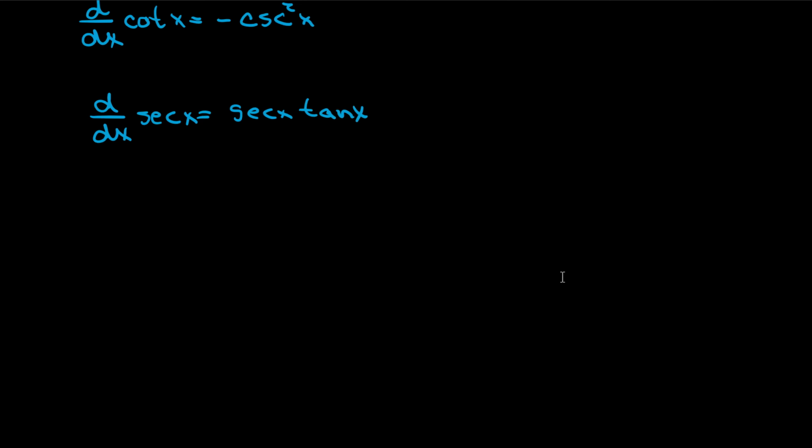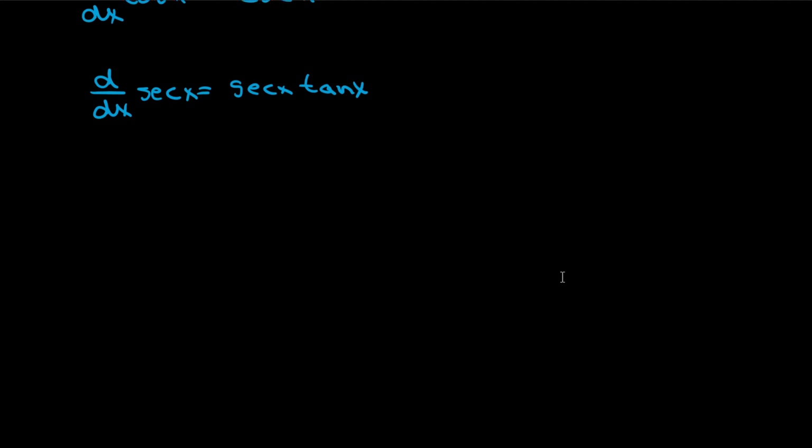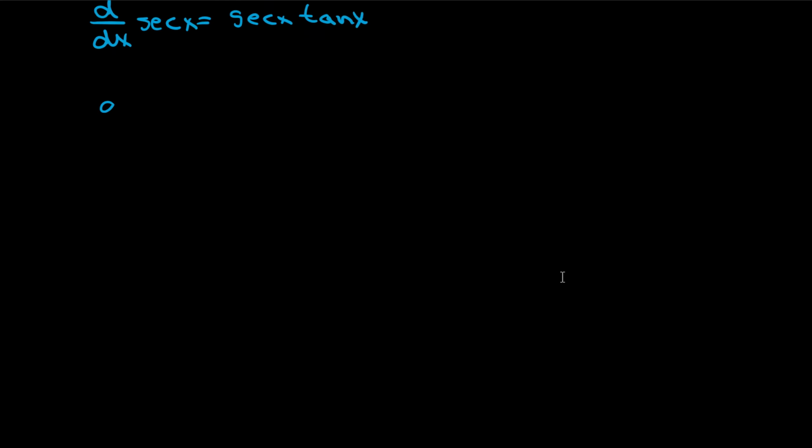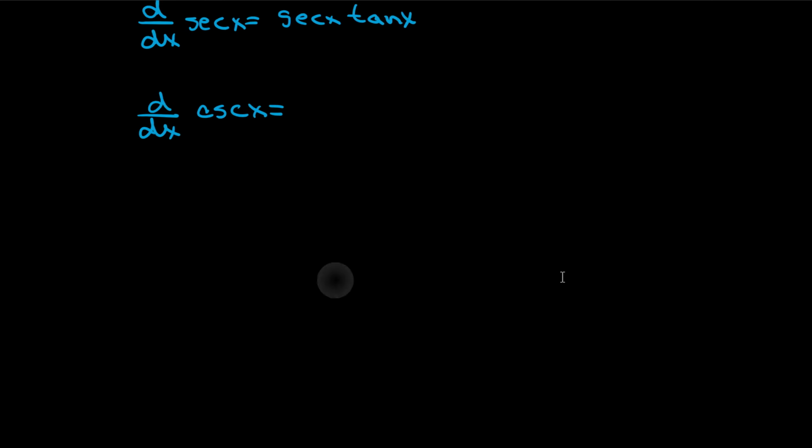Now to set this one up, remember secant is 1 over cosine, and you'll just apply the quotient rule to that. You'll need to use some of the trig identities that we looked at earlier, but you can work that down to being secant times tangent of x. And last but not least, the derivative of the cosecant of x is going to be negative cosecant of x times the cotangent of x.